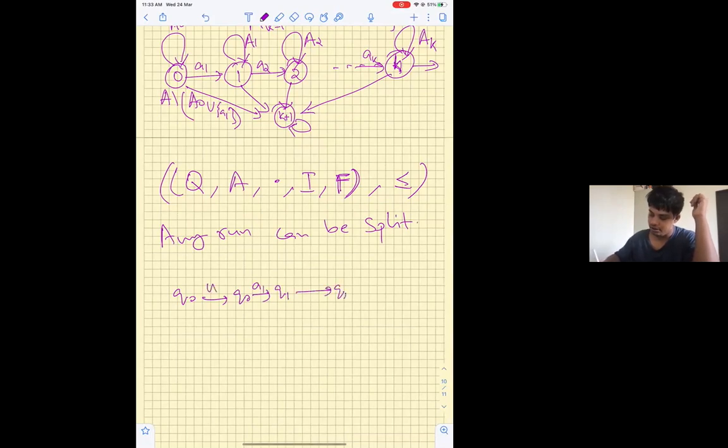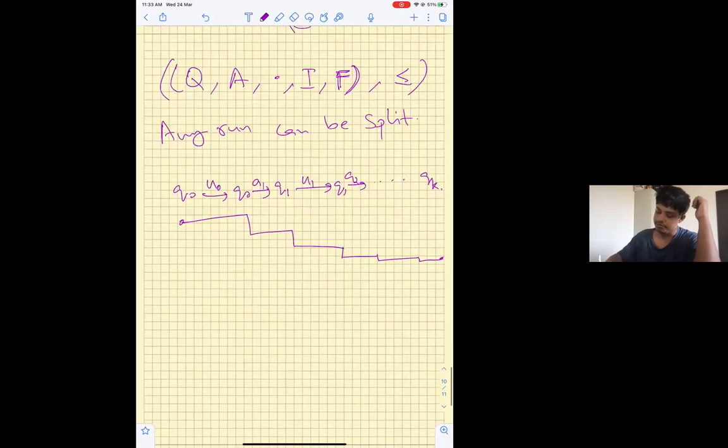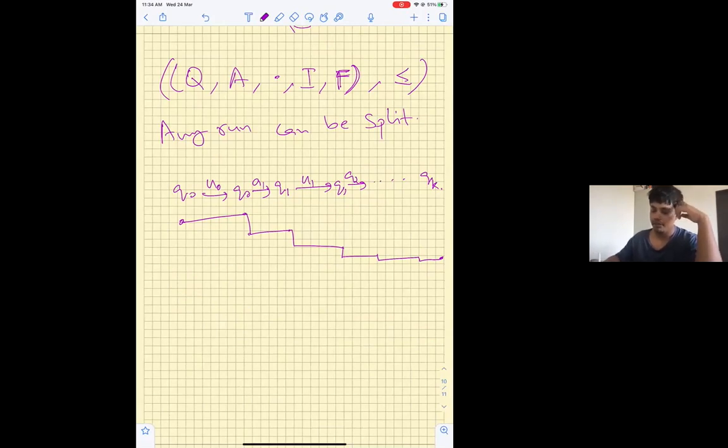So let's call this U0, U1, A2, etc. So in any run, you will have at most k changes, because your transitions are going, sorry, at most highs.